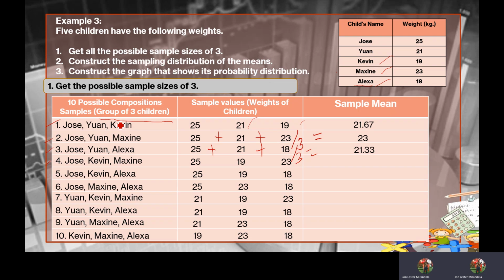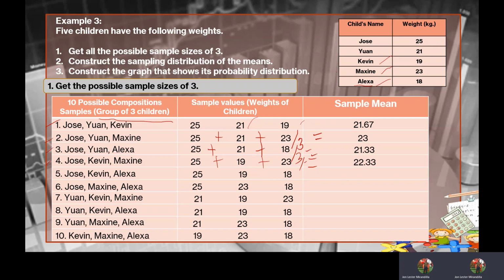Next tayo. Sa ating row 5, we have 25 plus 19 plus 23 divided by 3. Is equal to 22.3333 at walang katapusang 3 yan, kaya i-round off natin to nearest tenth, which is 22.33.